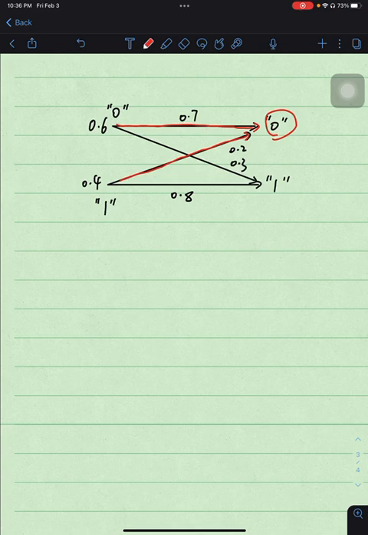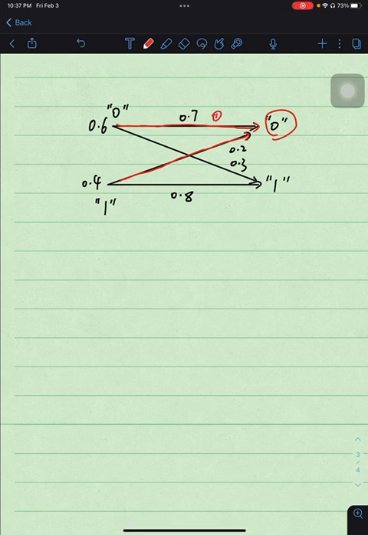So let's see the first question. We want to know the answer that is 0, so let's see the first case, when we send 0.